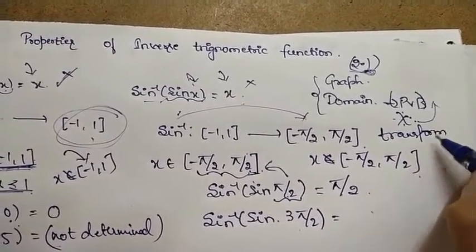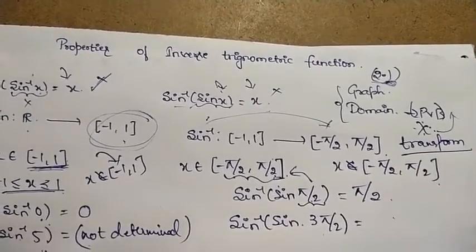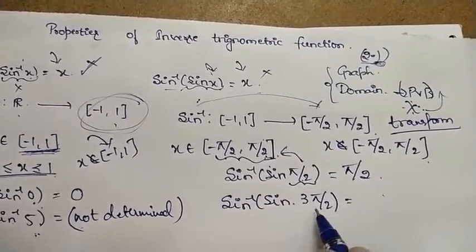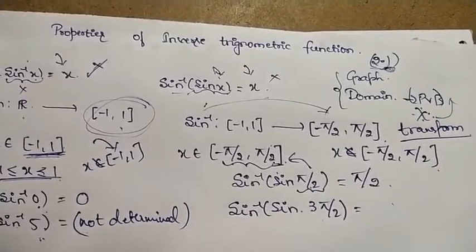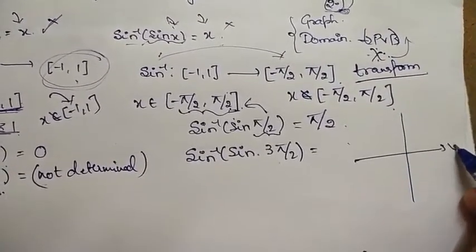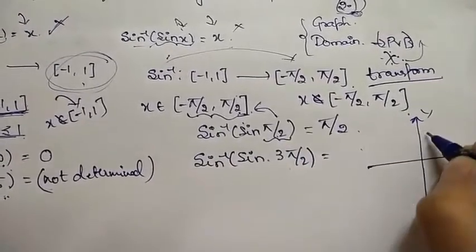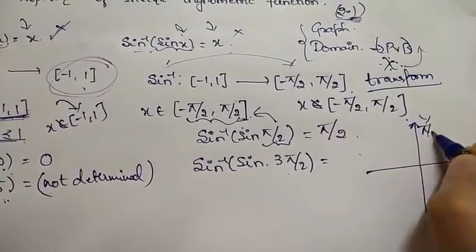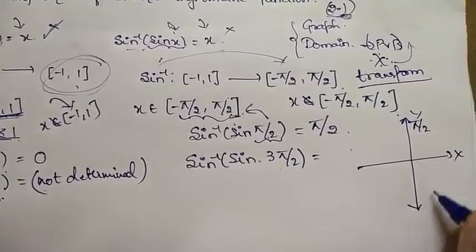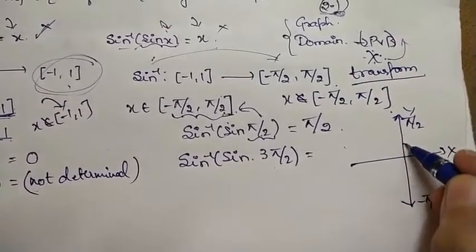Transformation of angles we have already come across in class 11. We transform the angle when it does not belong to this interval. If I take this as our x-axis and y-axis, minus pi by 2 is in one direction and plus pi by 2 in the other.